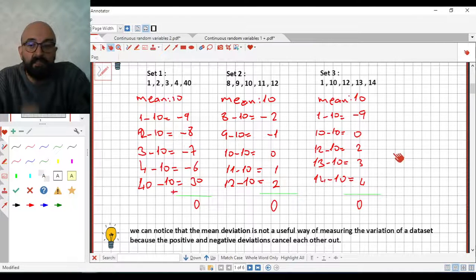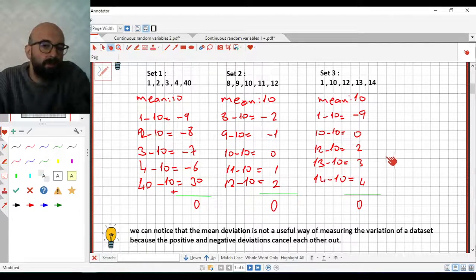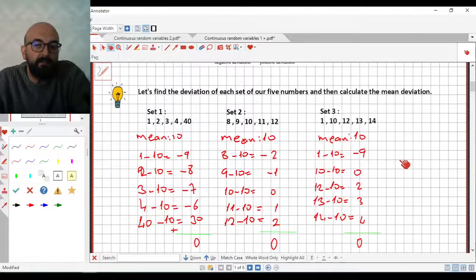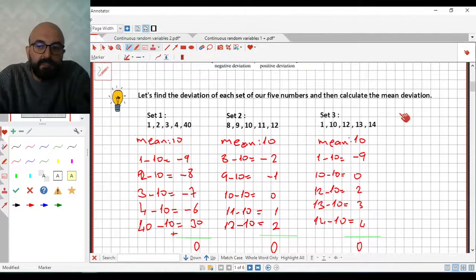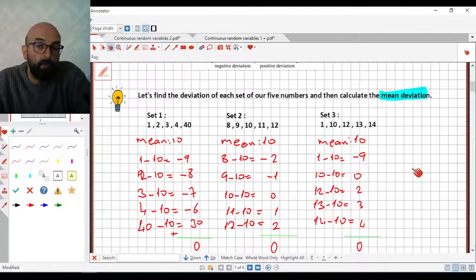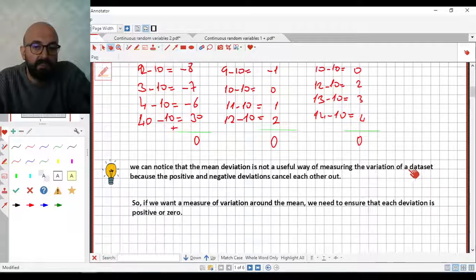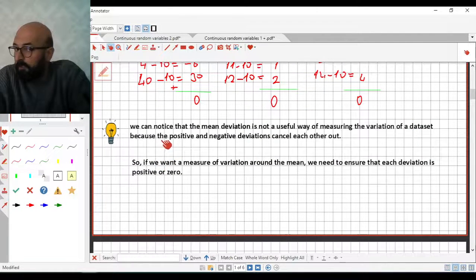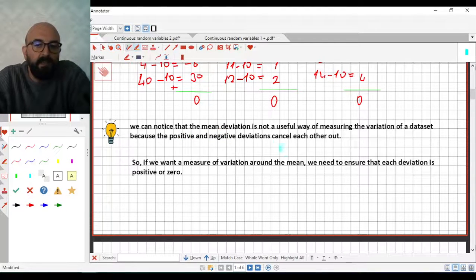So we don't compute the mean deviation, because the sum of the deviations for all sets becomes 0. We can notice that the mean deviation is not a useful way of measuring the variation of a data set, because the positive and negative deviations cancel each other out.